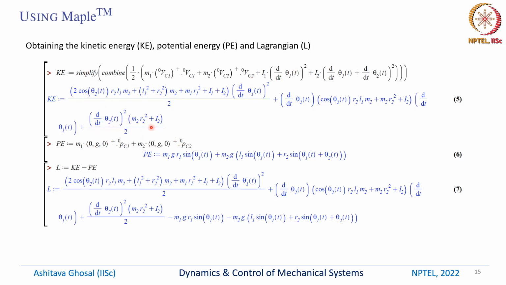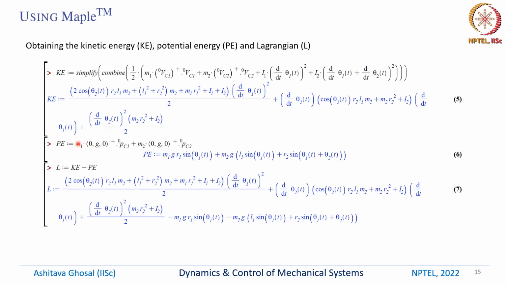This is theta 2 dot square into m2 r2 square plus I2, and then this half will appear because it is like half m v square, right? So r2 into theta 2 dot is like v, and half m v square. So this half will come here. This is the output of Maple. It looks a little different than how you would write by hand or do it manually, but nevertheless this is correct if you look a little carefully.